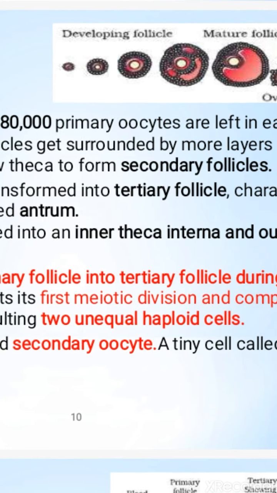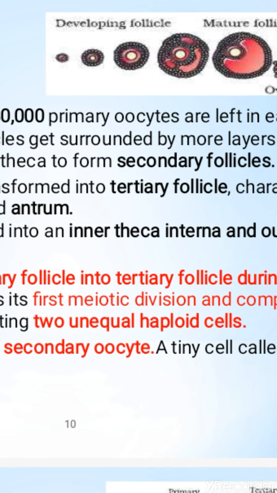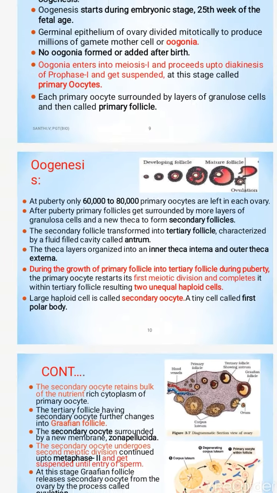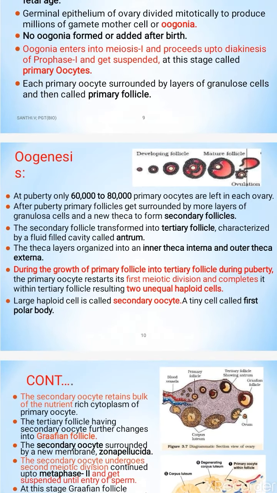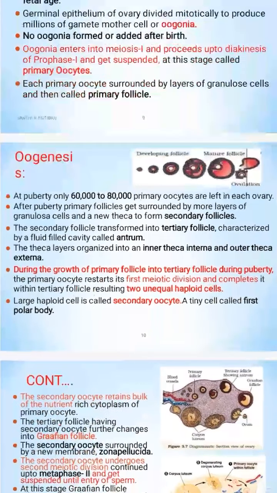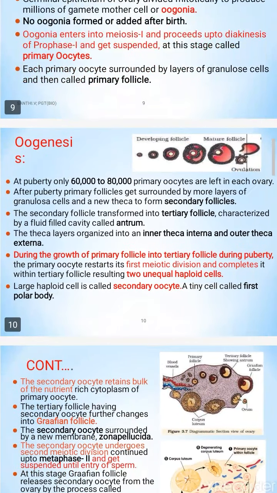Here nuclear division will be equal, but the cytoplasmic division will be unequal. So it results in one large haploid cell that you call the secondary oocyte, and the tiny cell you call the first polar body.